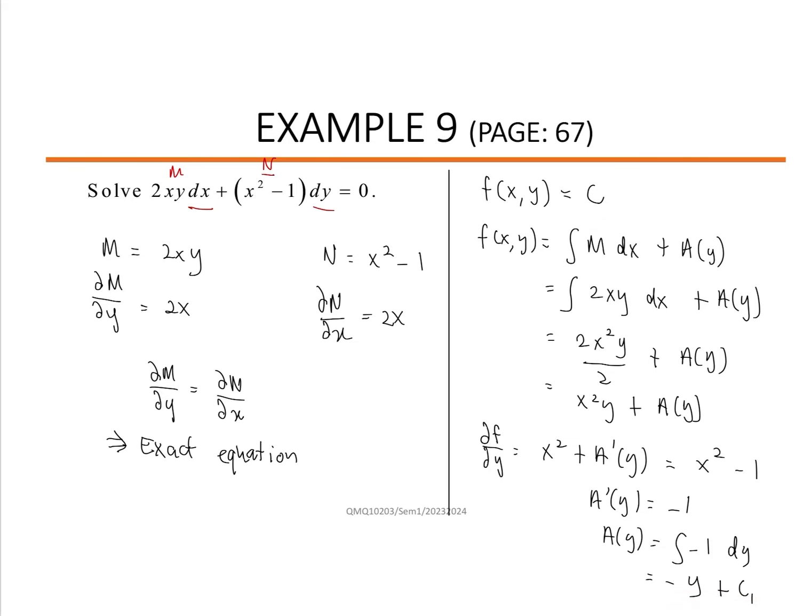We can rewrite this as x squared y minus y plus c1 equal to c. Combine all the constants together: x squared y minus y equals a, where a is c minus c1. This is the final answer.